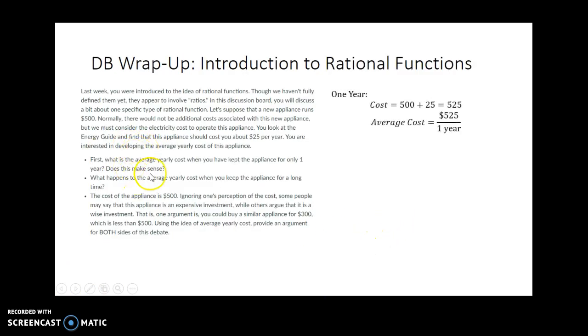So you have this appliance that costs you $500 and $25 per year. If we start to look at average costs, now we're going to think about this as if we were able to take that $500 and spread it out across the full time period. Of course, the way you can think about this is if you were to buy some product and you were able to keep it for just 1 year, then that $500 was basically just there for you to have something for 1 full year.